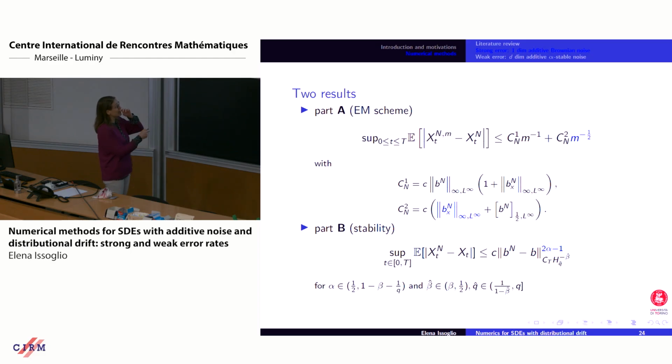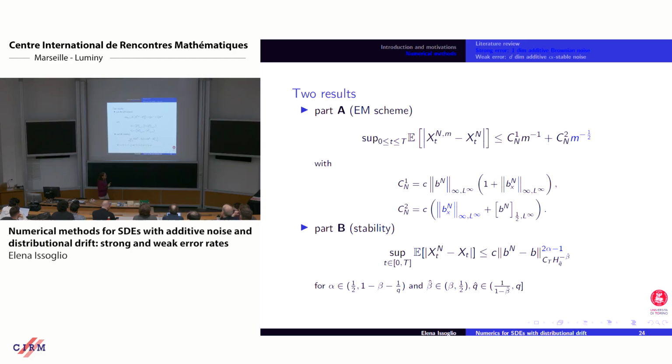And B capital N is defined as the semigroup at time 1 over N applied to b. So we know exactly how fast all these things explode in terms of N, and then we choose N as a function of m. We postulate N is m to the power theta, and we just optimize. One wants to blow up, the other wants to go down, and the optimal theta is chosen. That's why we get this weird rate.